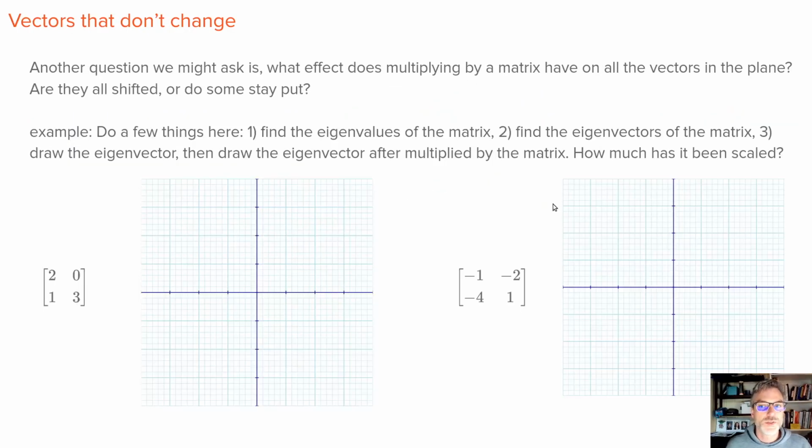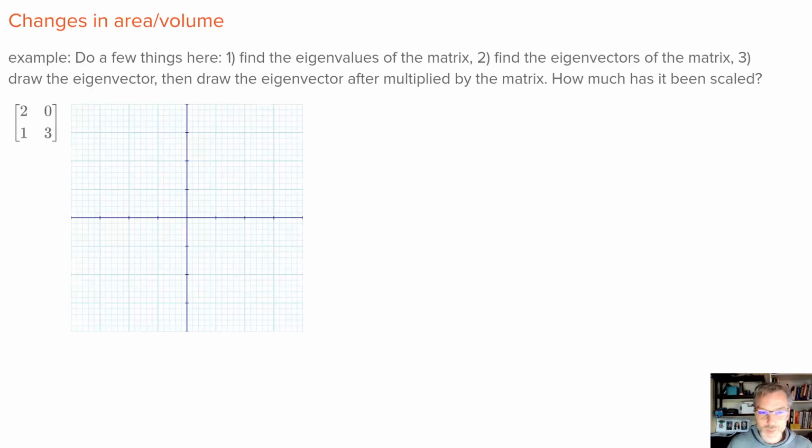Let's continue with that and look this time at vectors that don't change direction when I multiply them by this matrix. Again, we'll isolate this problem. I'll save the other one for you to do. Remember how we look for eigenvectors.